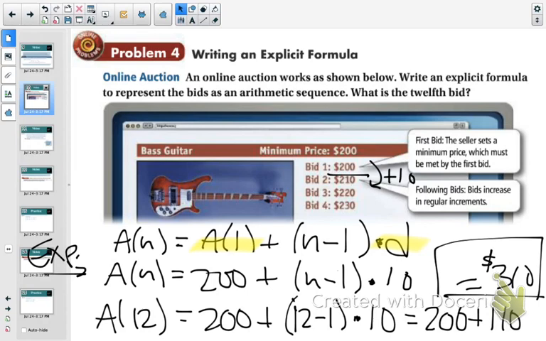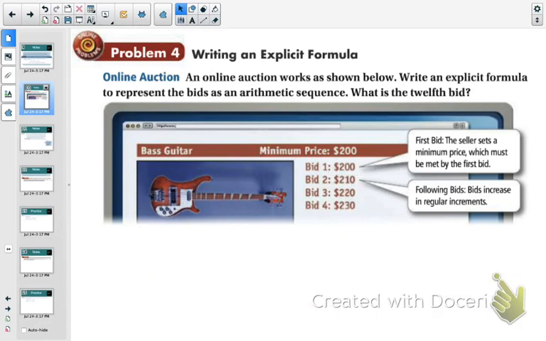Okay, so this one is nicer because you don't have to know the 11th term and the 10th term to figure out the 12th term. You can just plug 12 into the formula. If I wanted to find the 100th bid, I'd plug 100 in for n, here and here. So the 12th term is going to be 310.